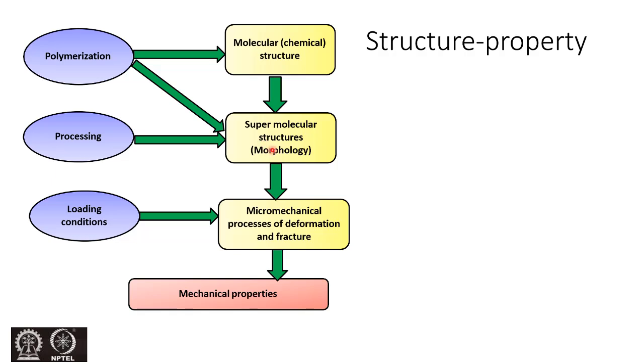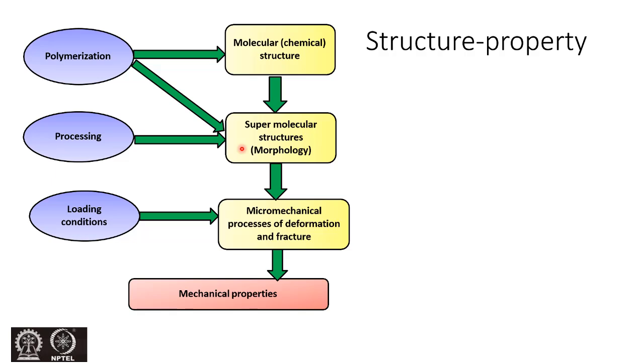Suppose I am adding a filler in the main polymer structure, in that case the voids will be fewer, so its ductility will increase. So the property will change and its structure will also change. That is why it is very important to analyze the structure of a material.